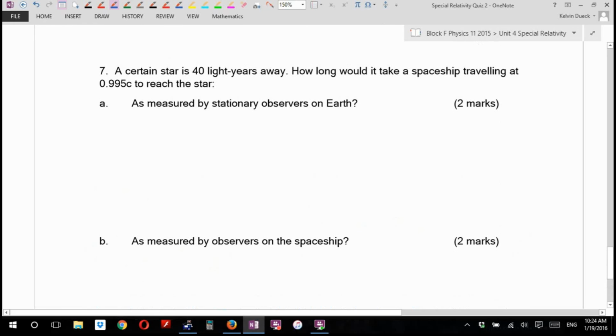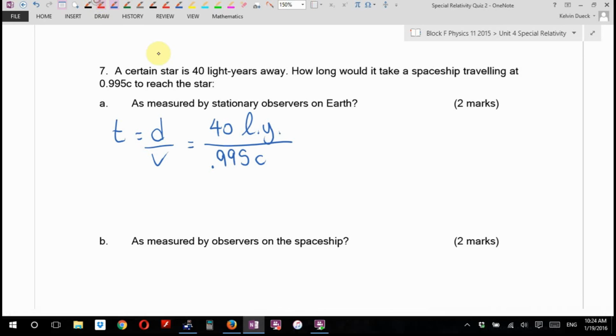Let's go back here. How long would it take a spaceship to reach, measured by stationary observers? Because they're stationary, that's just going to be time equals distance divided by velocity. What distance? 40 light years. What velocity? 0.995 c. C is the speed of light, which cancels out the light there.